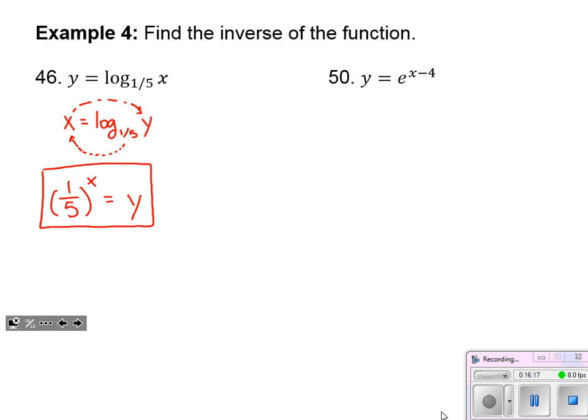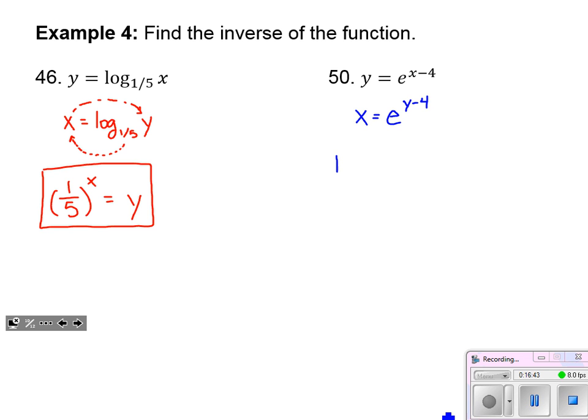Let's try number 50. If I flip the roles of x and y, okay, well, here I've got an exponential, and if I wanted to solve for y, man, that would be kind of a tricky endeavor to do. So let's think logarithmically. I know that a logarithm is inverting the work of an exponential.